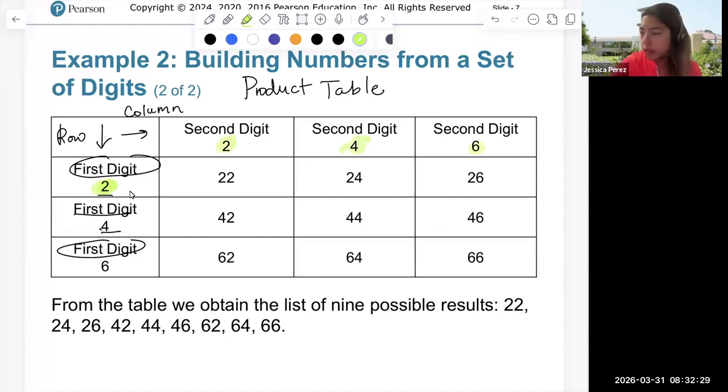And then 4 and 2, 4 and 4, 4 and 6. And the last one, right here in the orange, 6 and 2, 6 and 4, 6 and 6. That gives you a total of 9 possible outcomes. So you're selecting 2 digits out of 3.